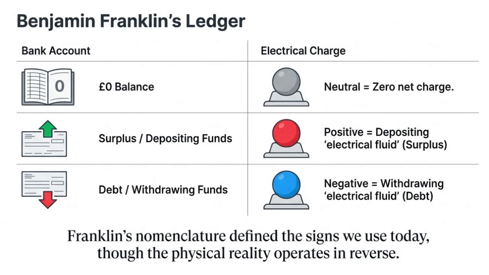A neutral charge means there is no net charge, similar to having zero in a bank account. Depositing funds into a bank is like adding positive charge, putting in an electrical surplus. Conversely, withdrawing funds is like taking away charge, resulting in a negative charge or deficit. Franklin's way of labeling these signs set the foundation for how we represent positive and negative charges today.